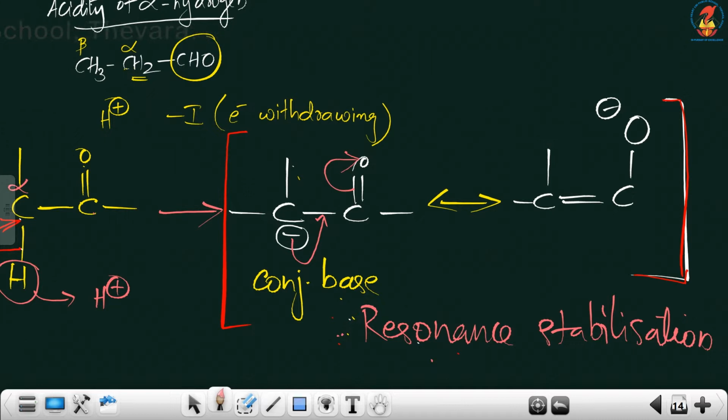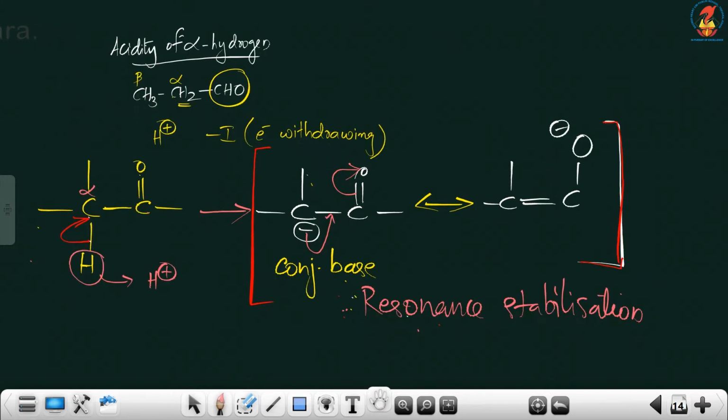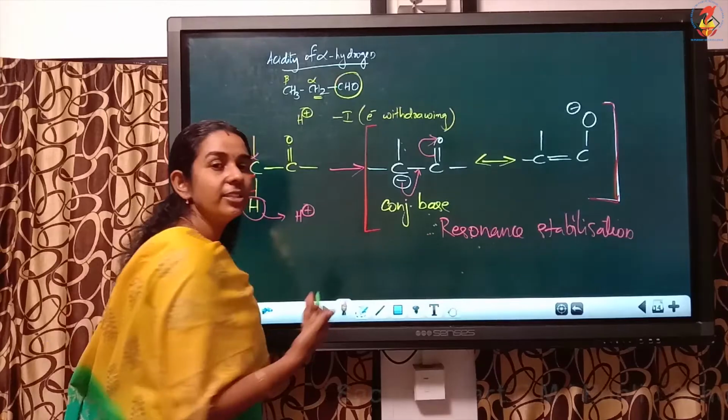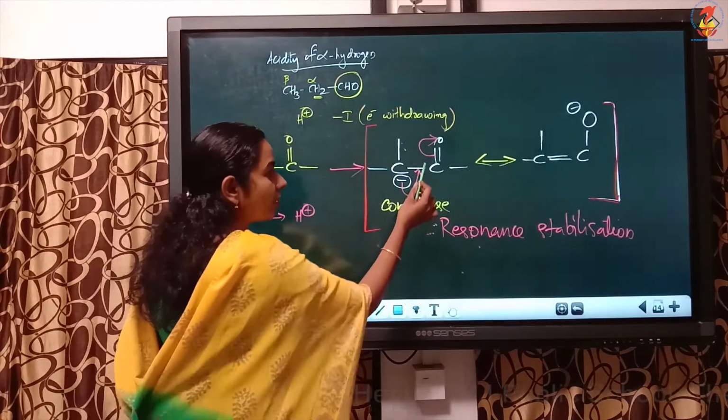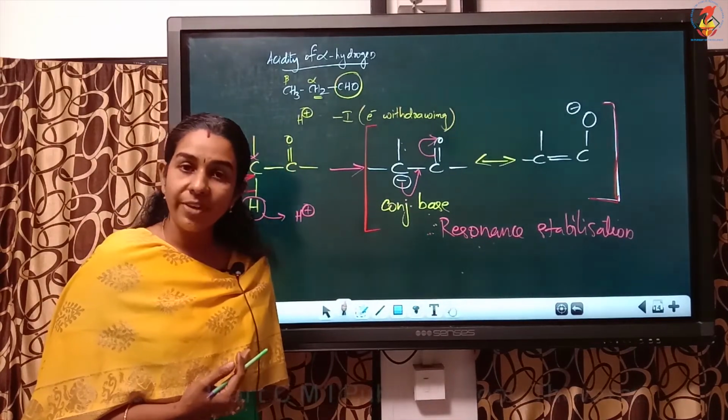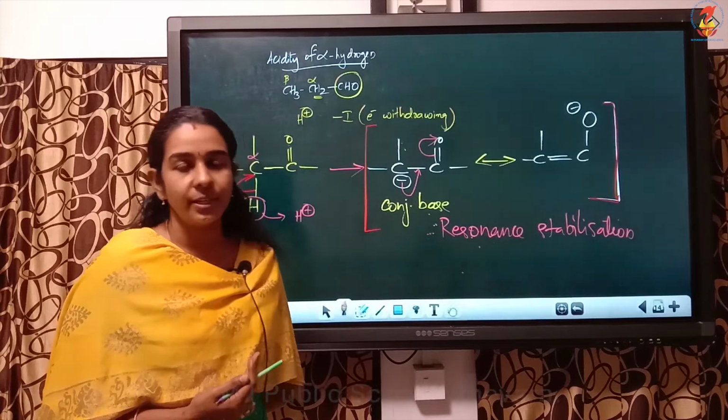What do you mean by the conjugate base here? After releasing, if there is any hydrogen on alpha carbon, that can be easily released as H plus ion. After the release of H plus ion, what we are getting is called as the conjugate base. So, this is the conjugate base here, and the conjugate base formed will be always stabilized by resonance.